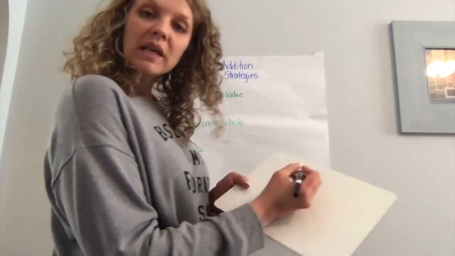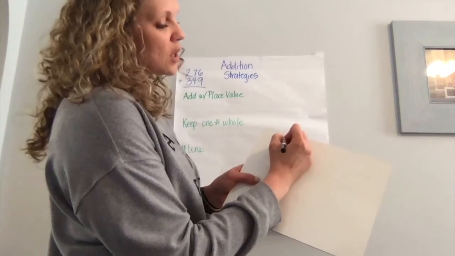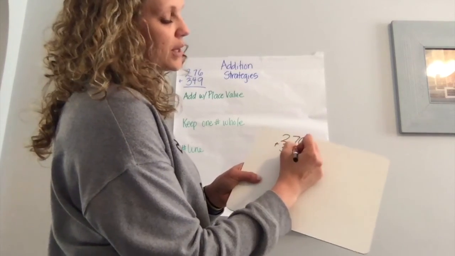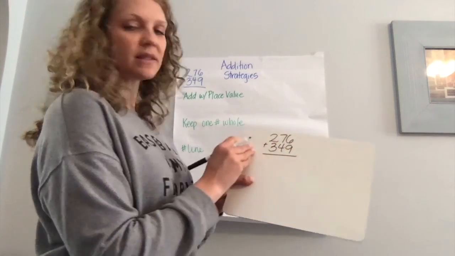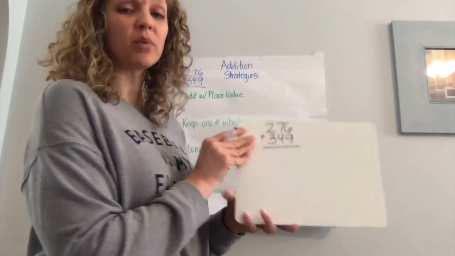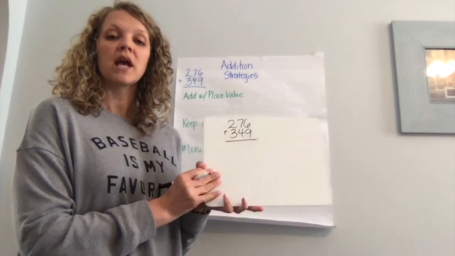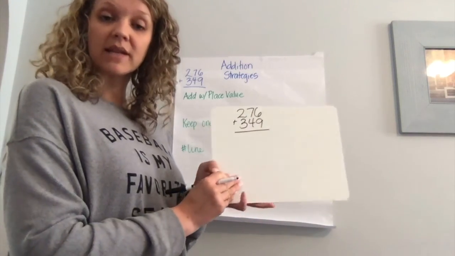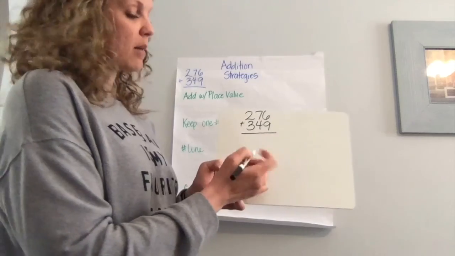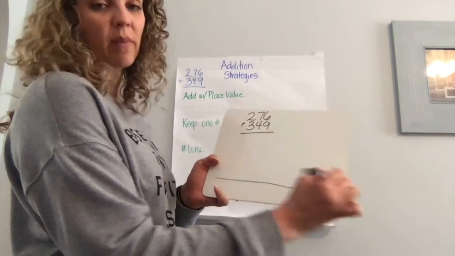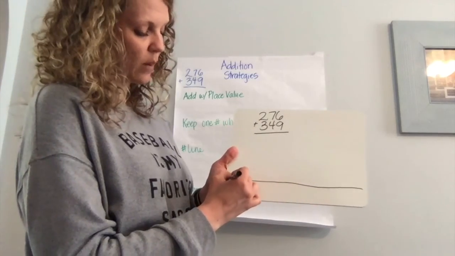All right, we're going to try keeping one number whole this time. So again, we're thinking about this problem, plus 349. And this strategy actually couples beautifully with a number line. So I'm going to show you using a number line as a model for this strategy, but we can also just use the mathematics for this strategy as well.